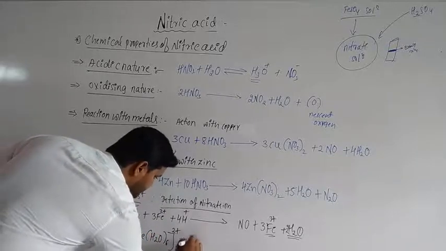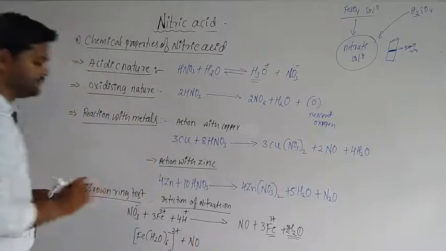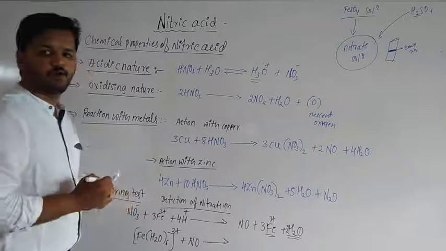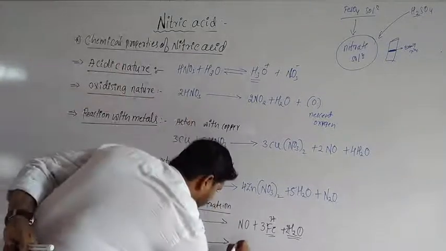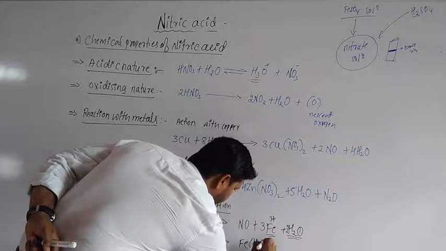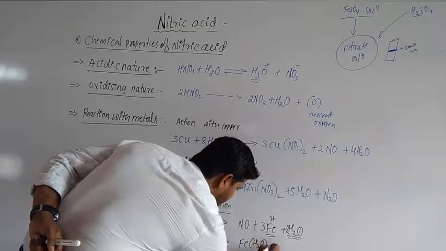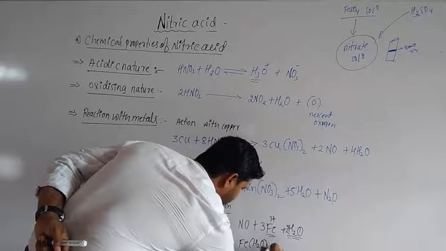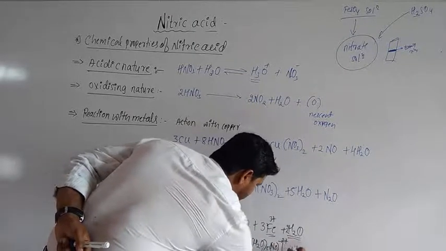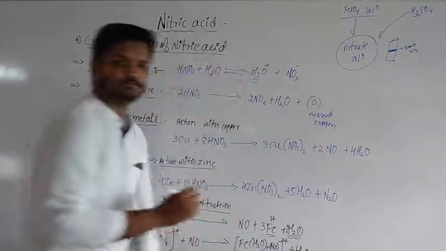When it reacts with nitric oxide, it forms a brown colored complex, that is Fe(H2O)5NO 2 plus, and the remaining is H2O molecule.